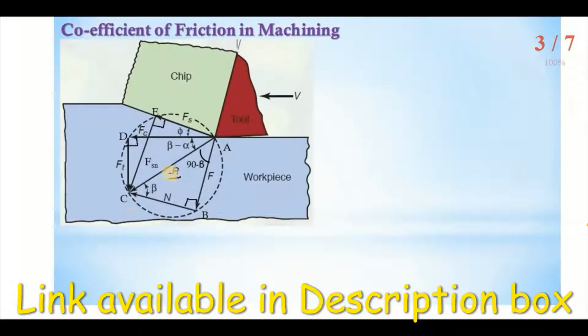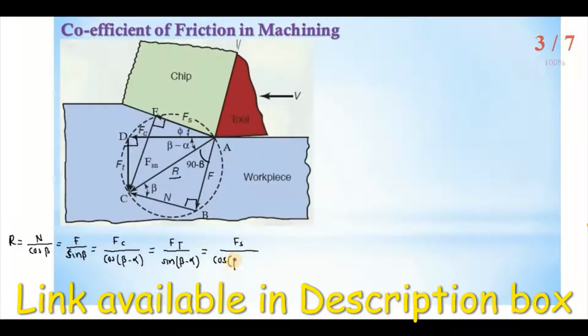There we found the resultant R, which is equal to N upon cos beta, which is equal to F upon sin beta, which is equal to Fc upon cos (beta minus alpha), which is equal to Ft upon sin (beta minus alpha), which is equal to Fs upon cos (phi plus beta minus alpha), which is equal to Fn upon sin (phi plus beta minus alpha).